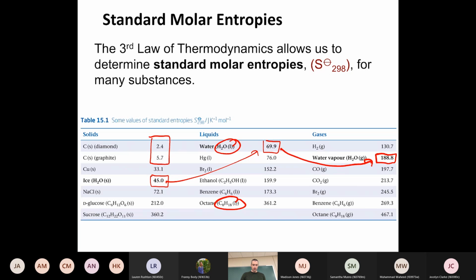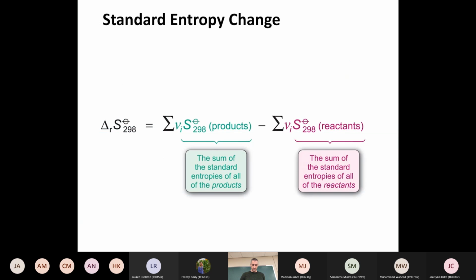Great. So we have these standard molar entropies brought to us courtesy of the third law of thermodynamics. And what we can do with these is calculate the delta S for any reaction using the same process we've already learned using enthalpies of formation. So it's just this, the delta S for a reaction is just going to be the sum of all the standard molar entropies for the products, subtract all the standard molar entropies for the reactants.